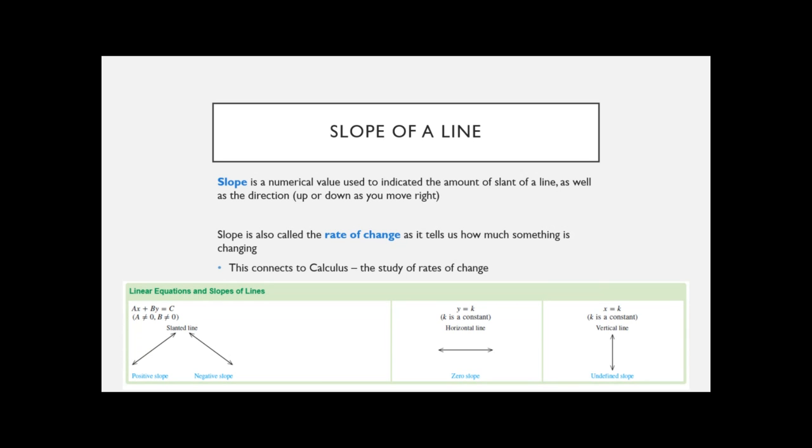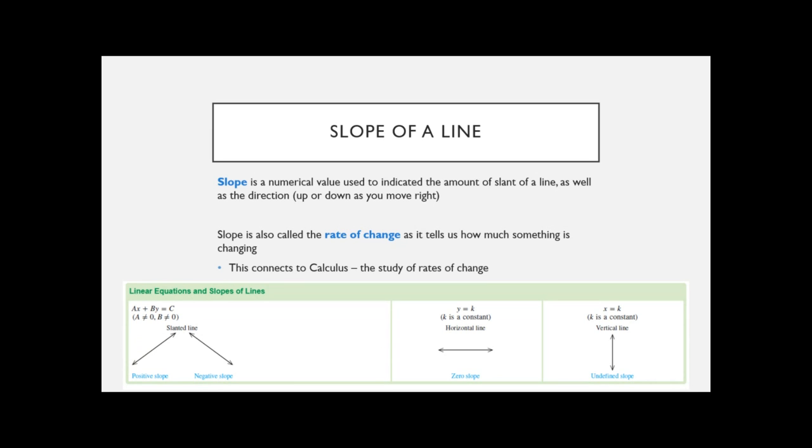So here's a chart basically that shows the form of a line, ax plus by equals c. Positive slope, as you move left to right, it goes up. Negative slope, left to right, it goes down. A horizontal line has a slope of 0 because there's 0 slant to it.